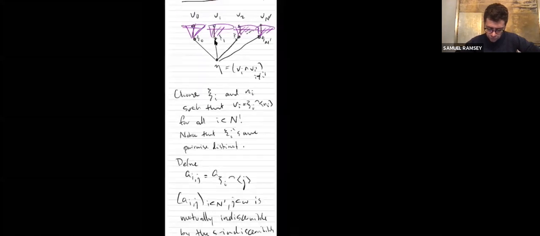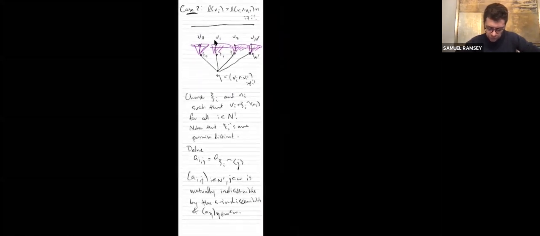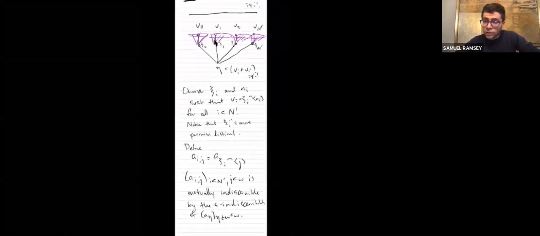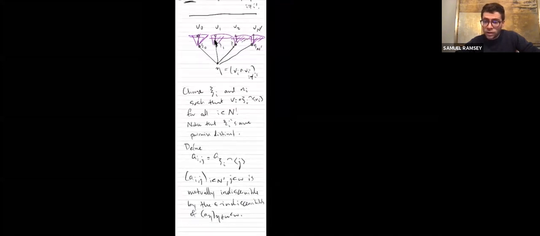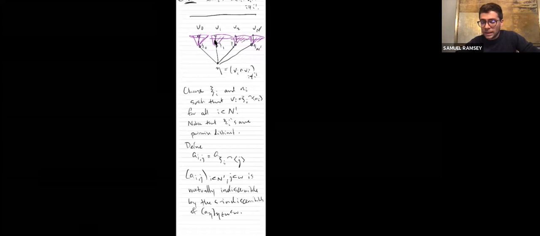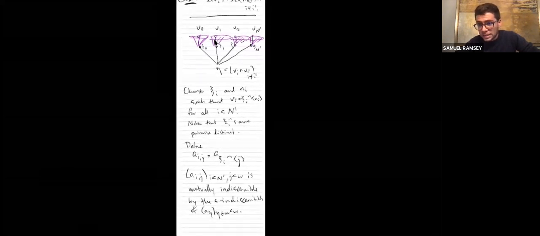So let me zoom out. If we look at this tree here, it follows from S indiscernibility of the tree that if I fix one of these sequences and I start moving around inside, I don't change any of the quantifier free types that those things have with respect to the other sequences, right?